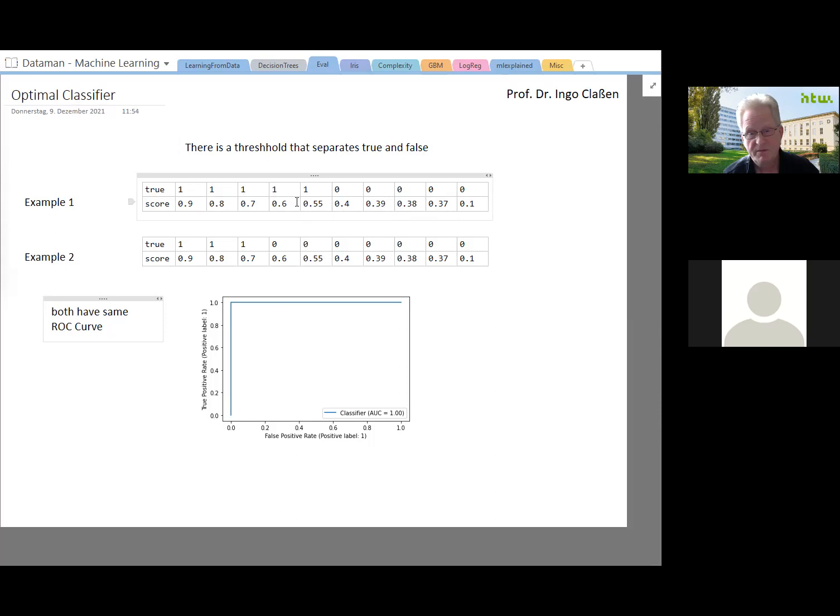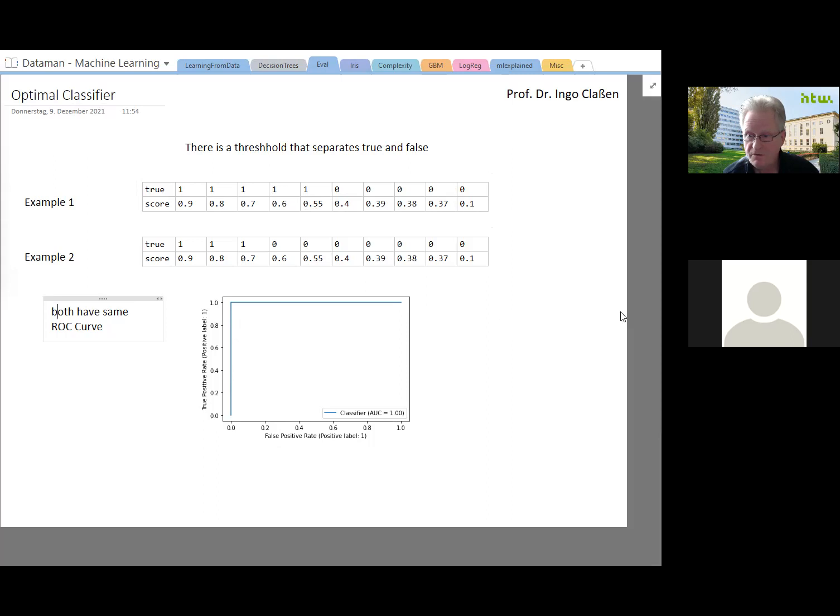If I say everything above 0.5 I declare as 1, and everything below I declare 0, then you see it doesn't make any error, because all those here will be predicted as 1s, and all those will be predicted as 0s. Then we get a ROC curve that looks like that here, and this is an AUC value of 1.